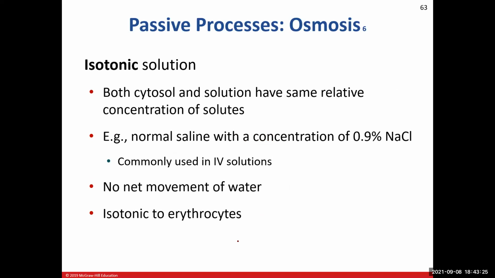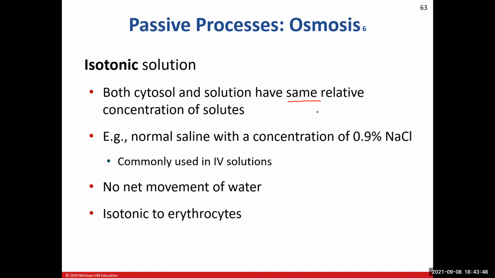So the first type is called an isotonic solution. This means that when we compare the solute concentration of the cytosol, that's the inside of the cell, and the solution that we just dropped this cell into, they're the same. The exact same.